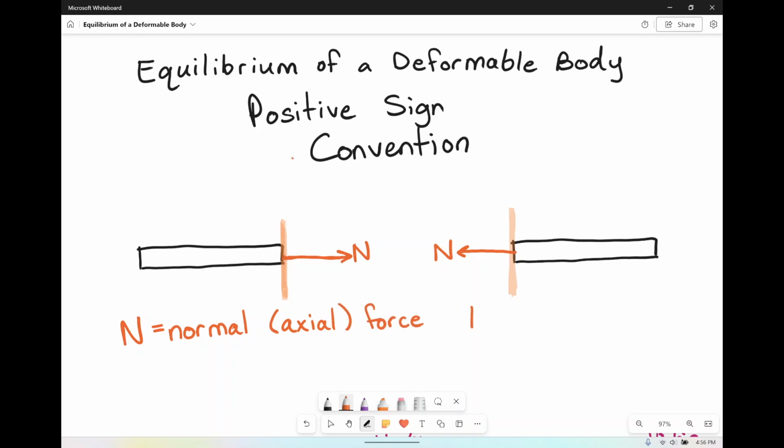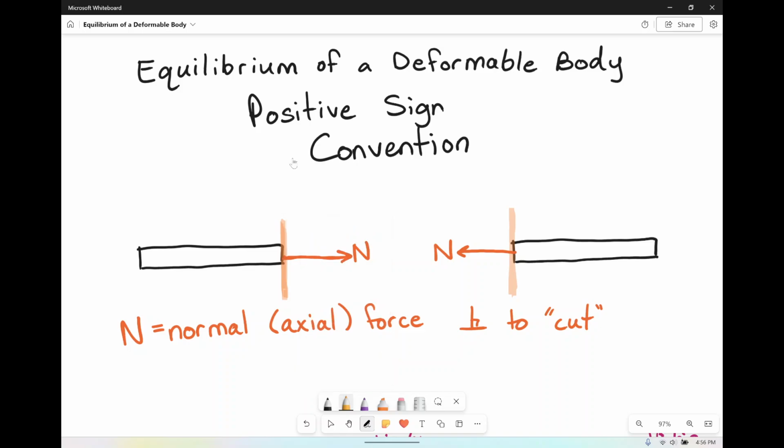And this force acts perpendicular to our imaginary cut. Remember, we're not ever actually cutting this beam. It's all fake. So there we go. We have our normal axial force, and it acts away from the face. So you can see they're different directions, so we can't exactly say everything going to the right is always positive. It doesn't really work when you're on the right side free body diagram.